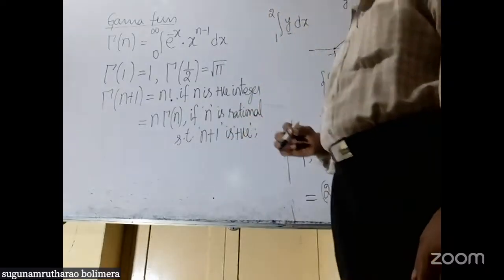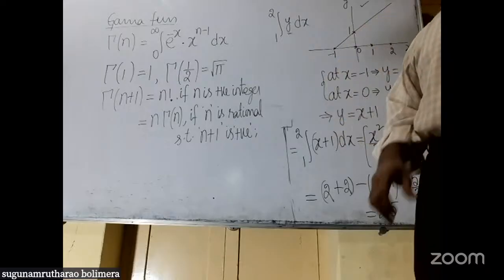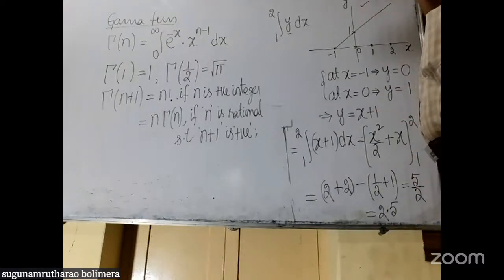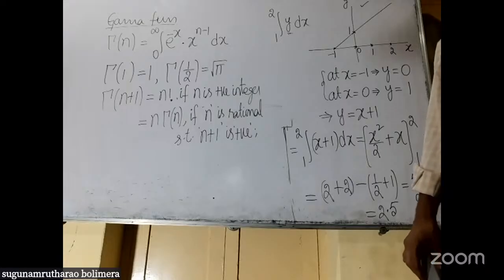So this is the gamma function. Based on this gamma function, we can evaluate the improper integrals, that is, when the limits are from 0 to infinity or minus infinity to infinity.